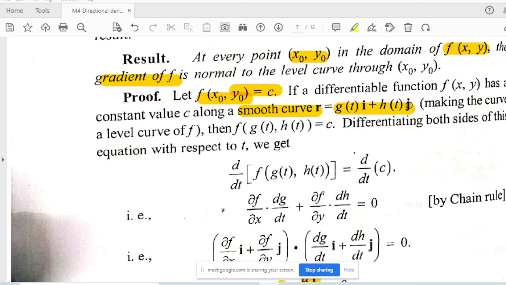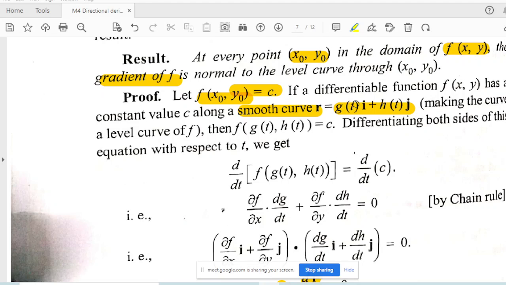So the idea is that usually when we take a smooth curve, i cap, j cap, k cap come in, right? But here we are taking only i cap and j cap because our function is f of xy. We are assuming functions in two variables.